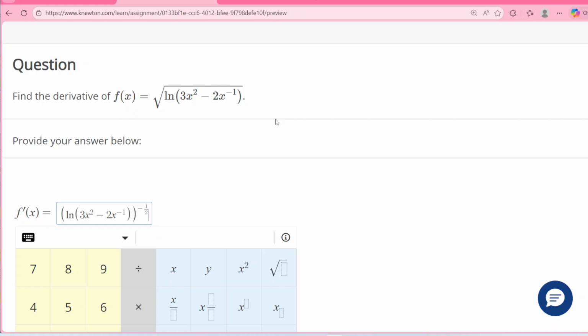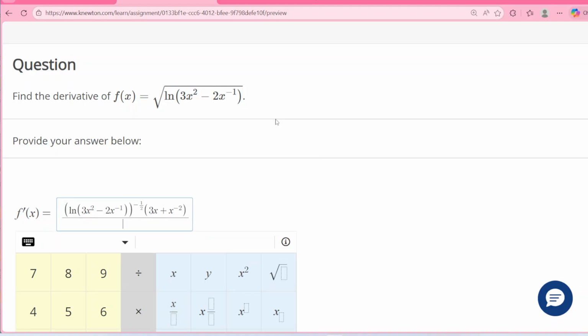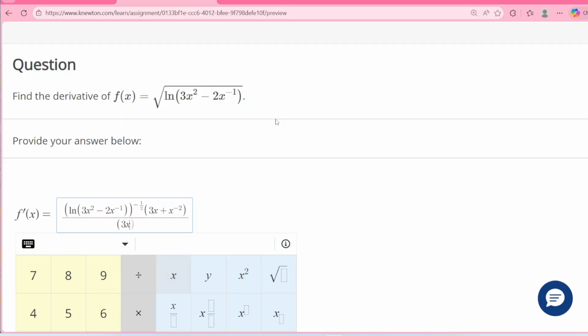Okay, bring that down. Then times, and again, half of that one factor I mentioned was 3x plus 1x to the negative 2 power. And then divided by the 3x squared minus 2x to the negative 1 power in the denominator. Okay, so this should be good.